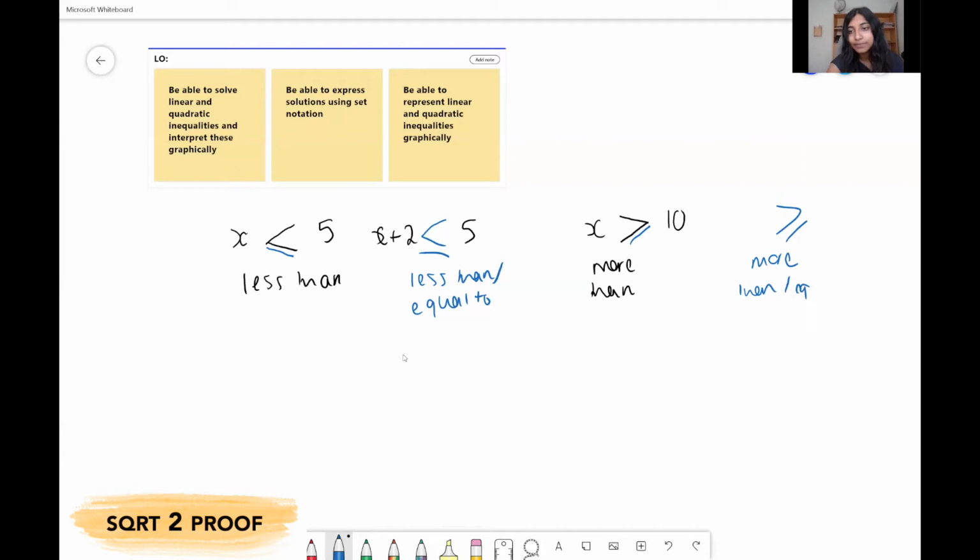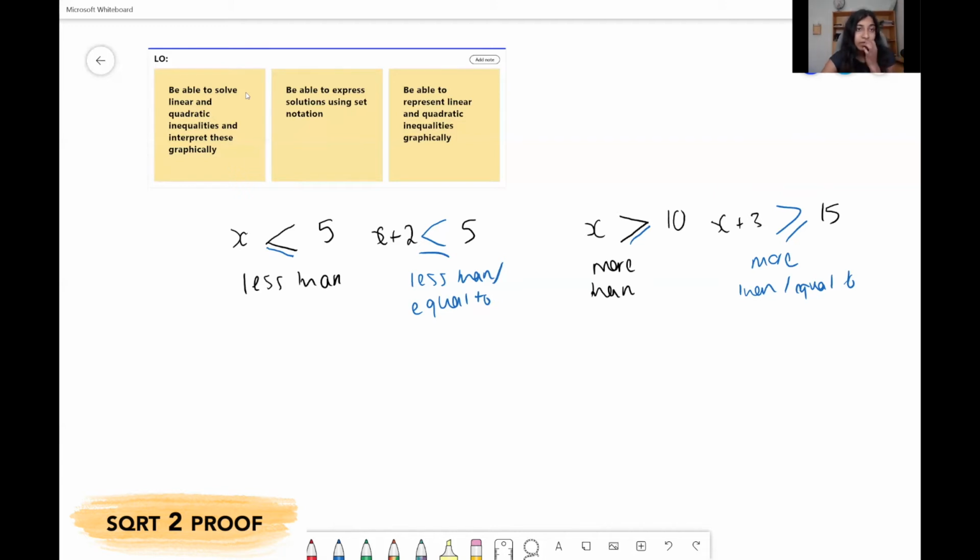An example could be x plus 3 is more than or equal to 15. So an inequality is just comparing two different statements, two different equations or numbers.